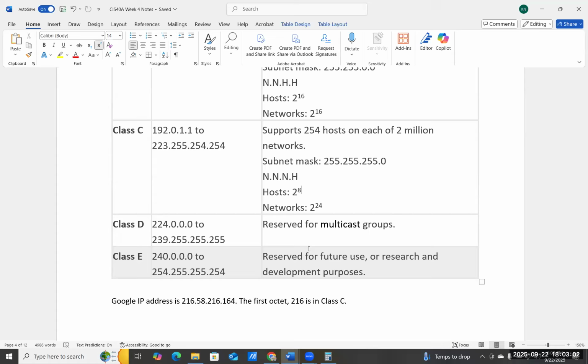But the public IP address is given to companies. So when you hire or lease a domain, a server to host your website, that domain is given a public IP, and it's from the vendor. So you subscribe to that service with GoDaddy, with whoever, then they have a range of IPs to use. Same thing with a cloud company.